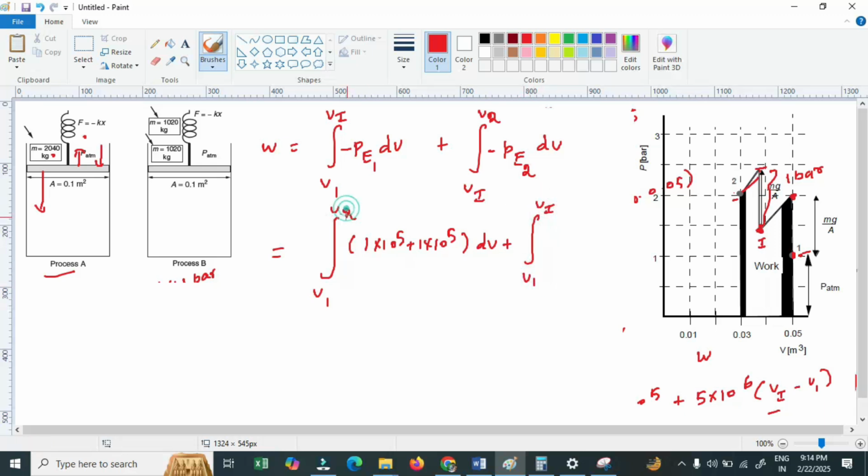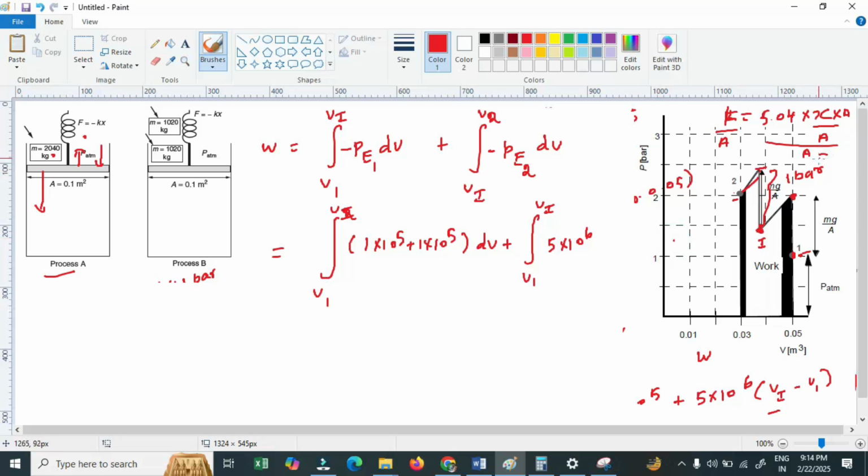Here we already converted it into 5 into 10 power 6, because the spring force is K times X, multiplied by A divided by A, and the force is divided by A.